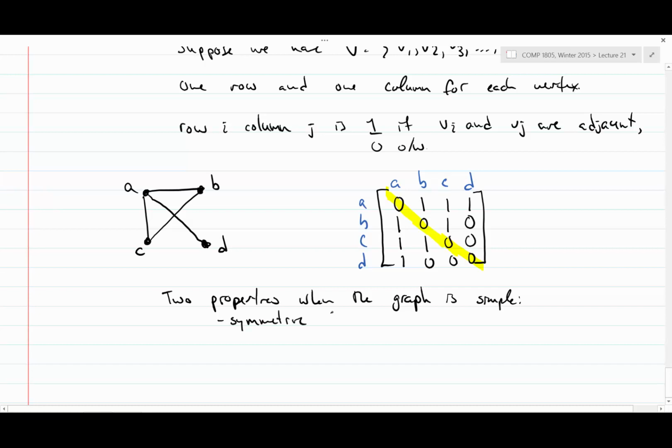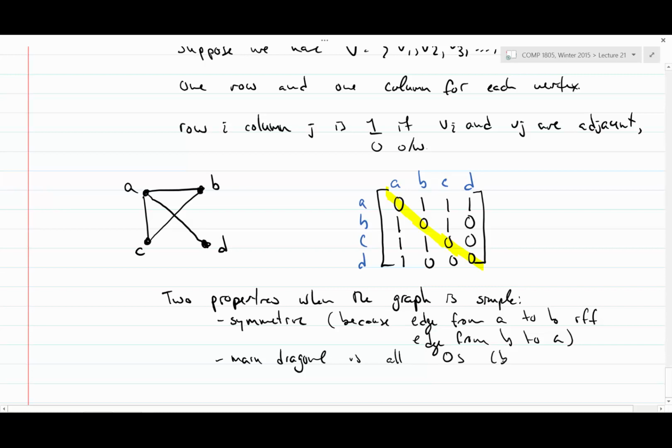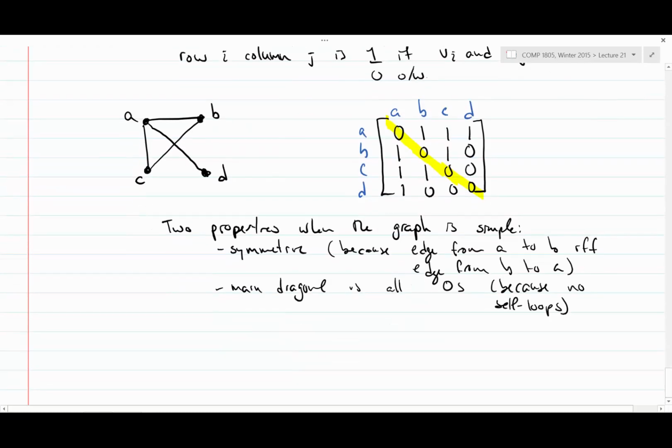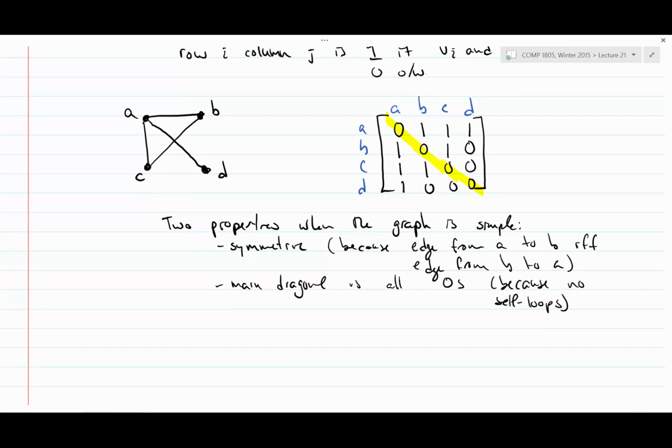And the reason it's symmetric is because there is an edge from A to B if and only if there is an edge from B to A. And the second property is that the main diagonal is all zeros, and that's because there are no self-loops. So that's not required. You can do this exact same thing for multigraphs.